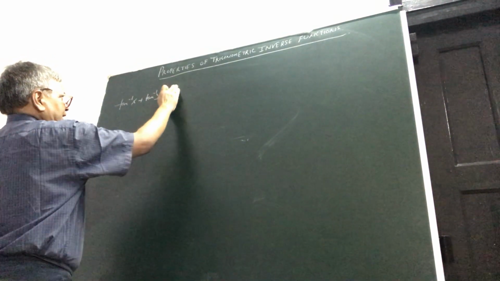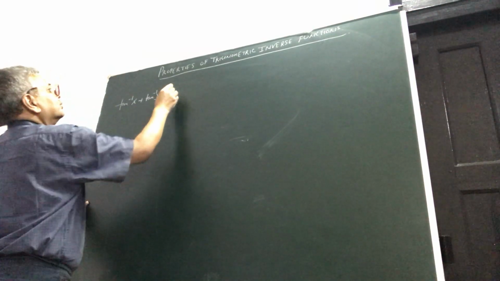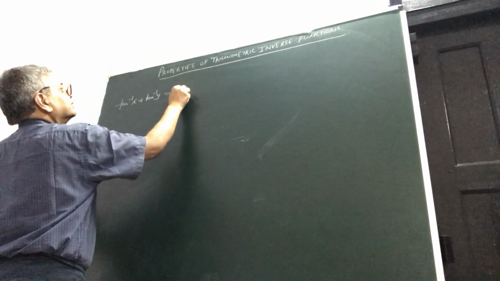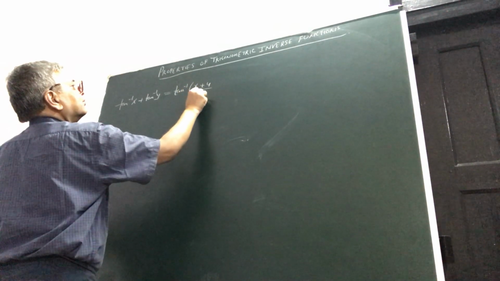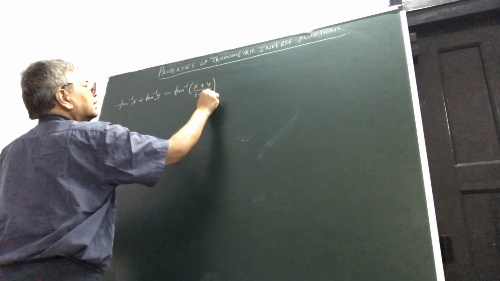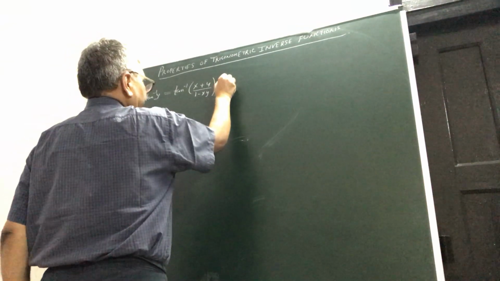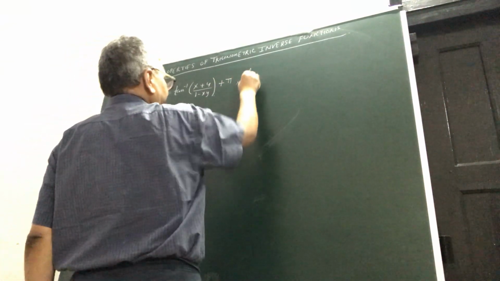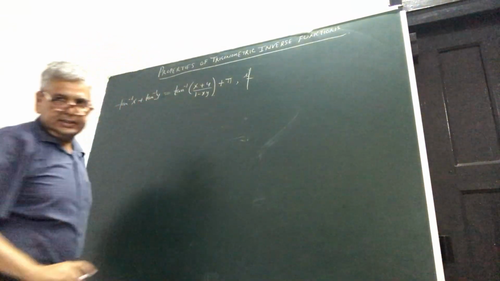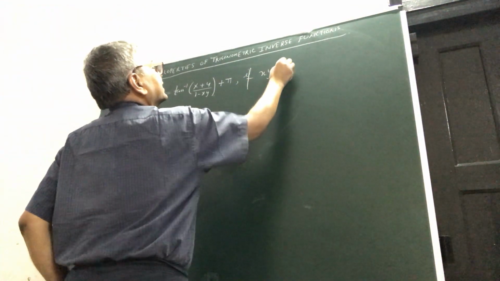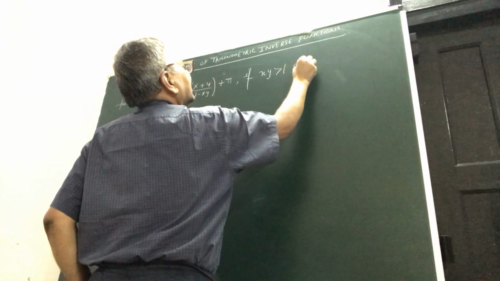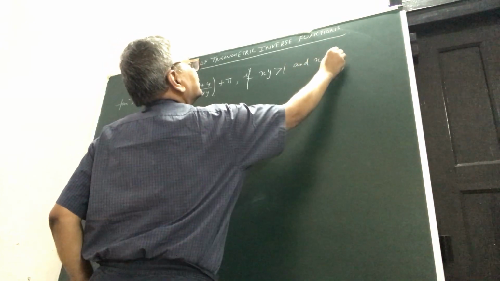We will show that this is equal to tan inverse of (x plus y) upon (1 minus xy) plus pi, this is important, if xy is greater than 1 and x is greater than 0.